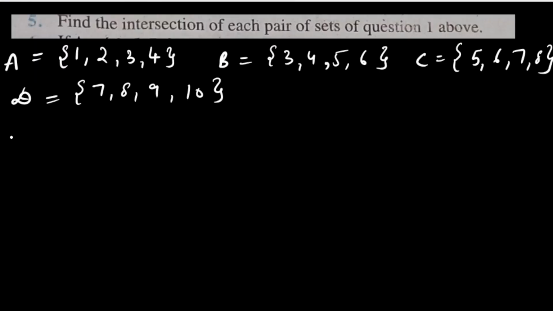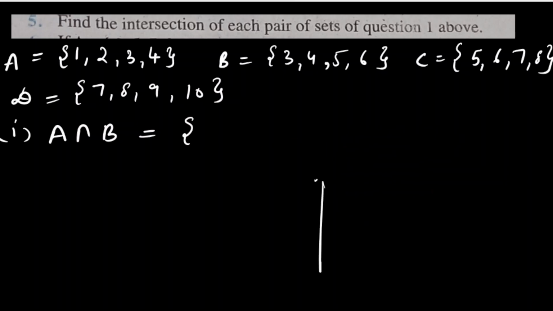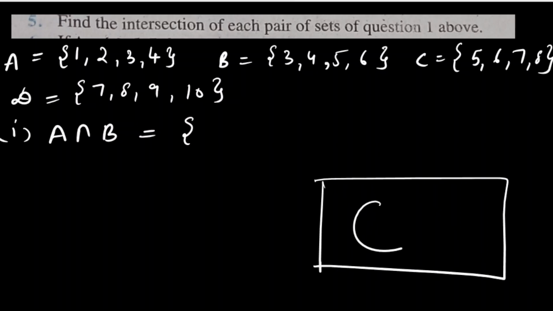So when we are doing intersection, only common elements. If you remember the Venn diagram, if this is a universal set, these are two sets.